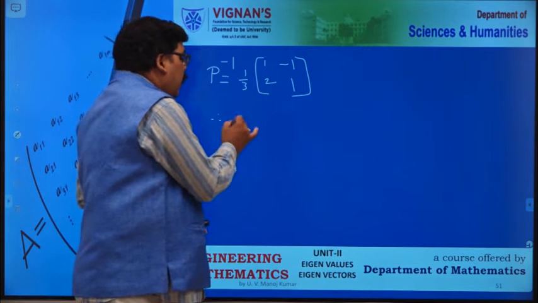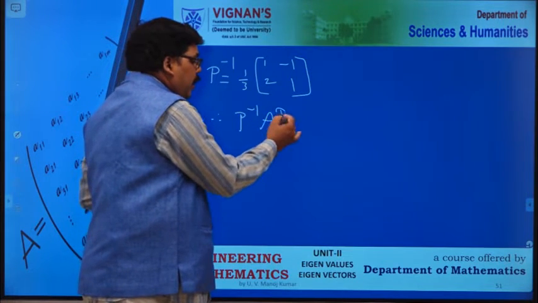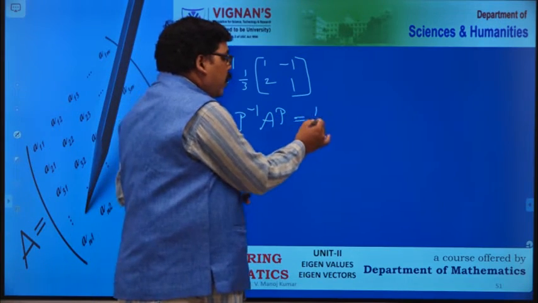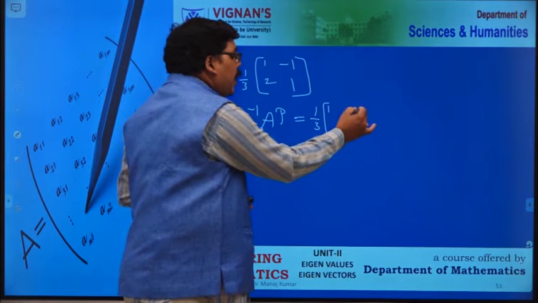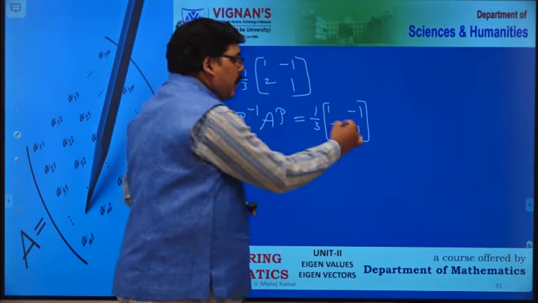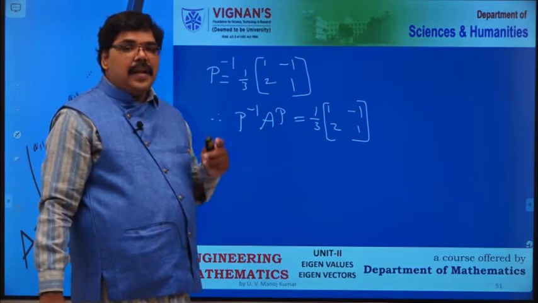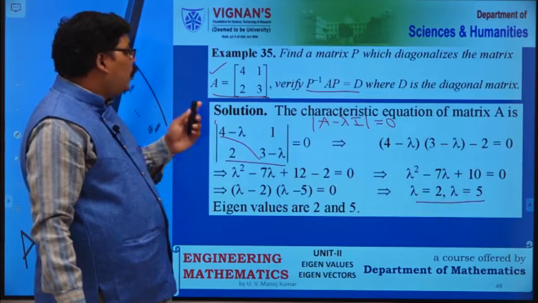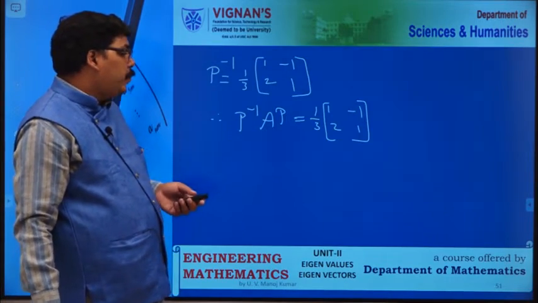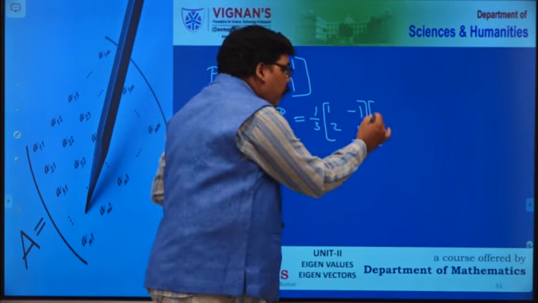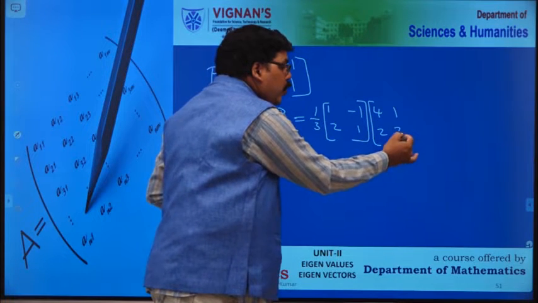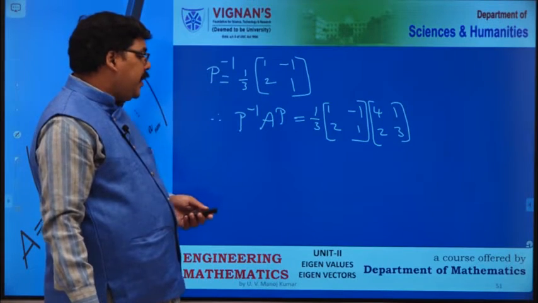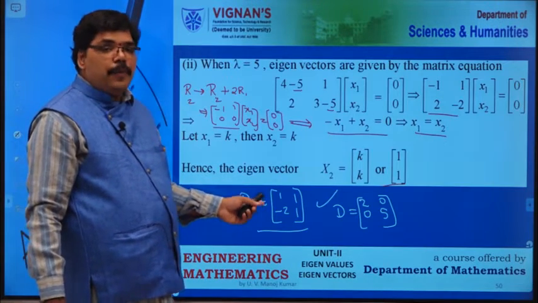Therefore, P inverse AP equals 1 by 3 into 1, minus 1, 2, 1, multiplied with A, which is 4, 1, 2, 3, and at the end with P, which is 1, 1, minus 2, 1.